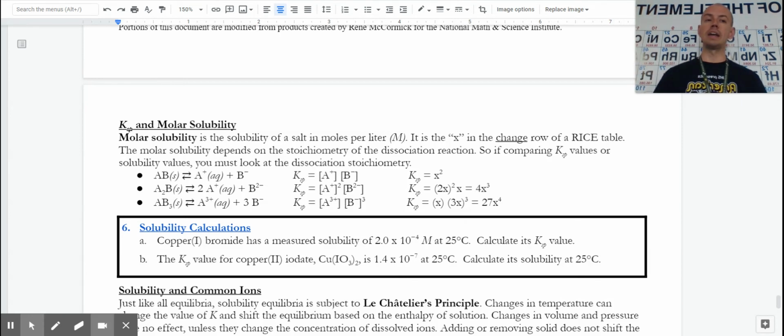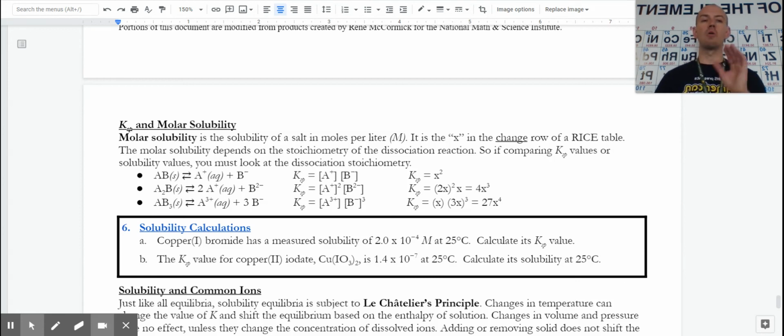But when we set up our RICE table, we would see that we make 2 A's for every B. So we have a 2x, and that 2x gets squared, not just the x, but the 2 as well. So then this comes out to a 4x cubed. If we had a 3-to-1 ratio, we would see as well the 3 gets cubed and multiplied.